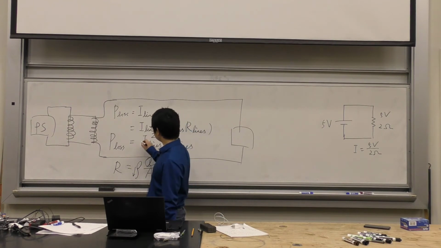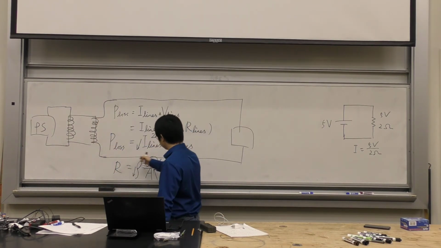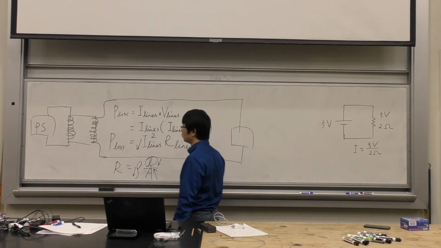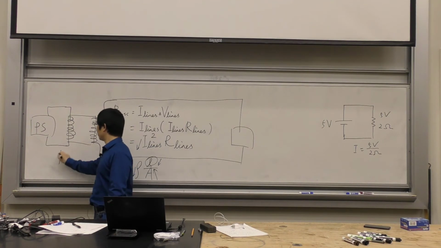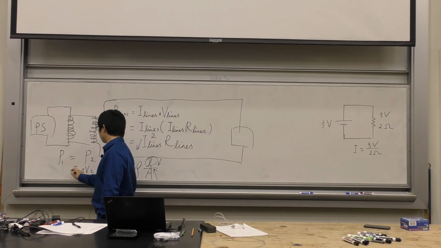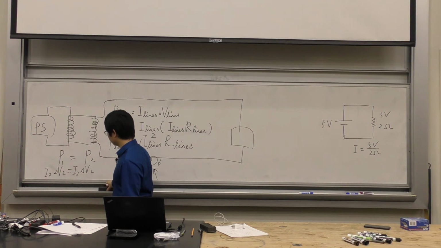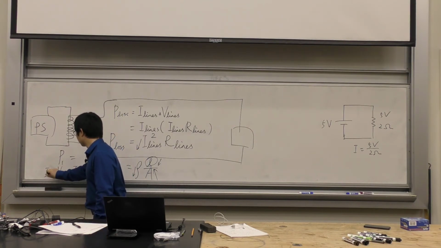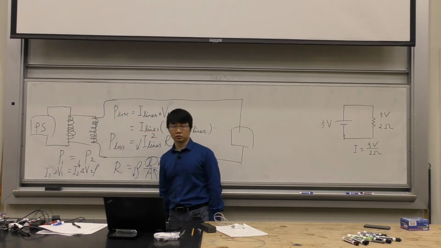If you want to reduce the current you get from the secondary, the current that goes to the transmission lines, you would have to raise the voltage, right? Remember, the power is the same. If you want to get a lower current on the right hand side, you would have to raise the voltage, okay?